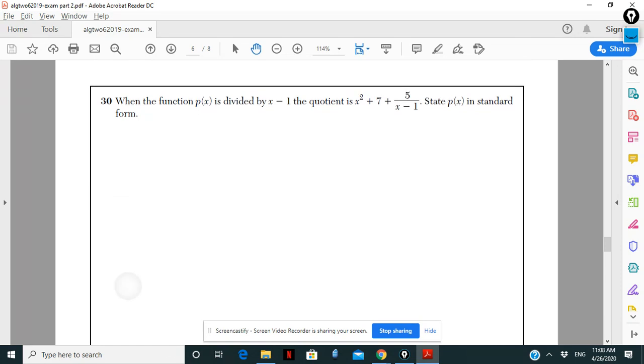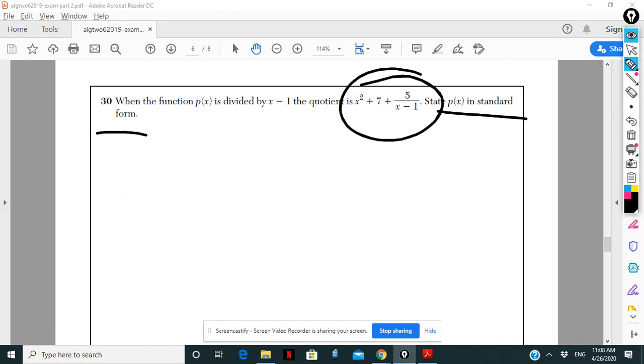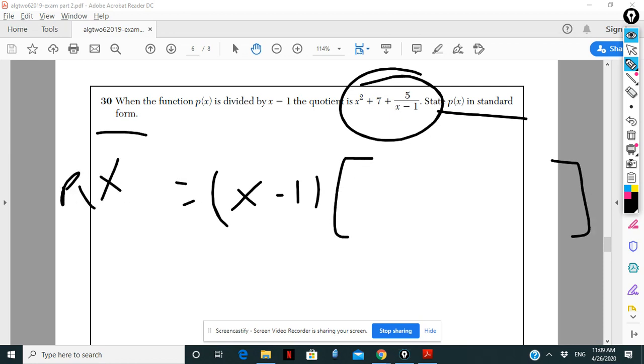Question number 30. You want to write the standard form. So if this is the quotient, then x minus 1 multiplied by the quotient is going to give me the original function.